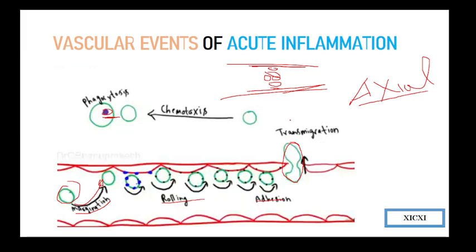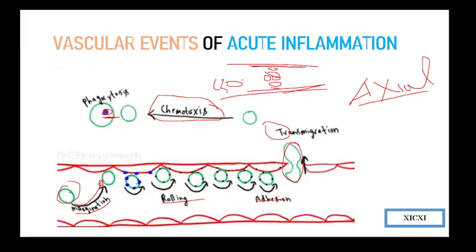So the macrophage has now reached here. Macrophages do not have eyes, and neutrophils do not have eyes either. So how will the neutrophil know that the antigen is in this direction? It is helped by what you call chemotaxins. Chemotaxis is a unidirectional movement where the neutrophils or macrophages release certain chemicals like C5a.